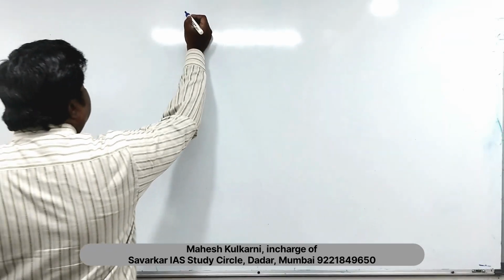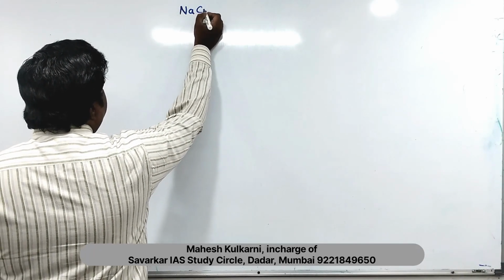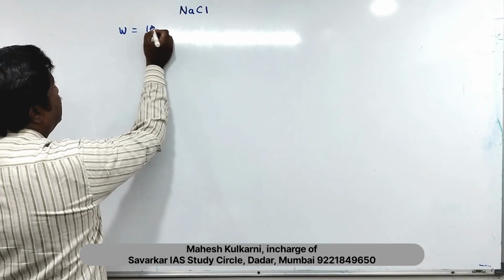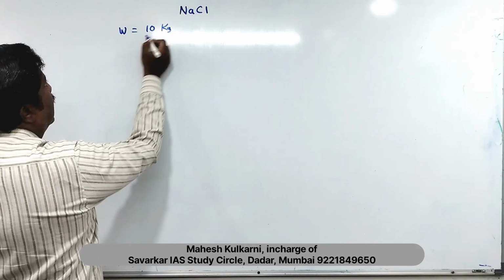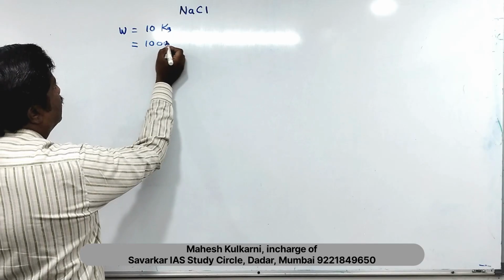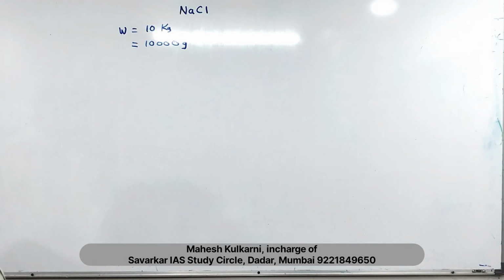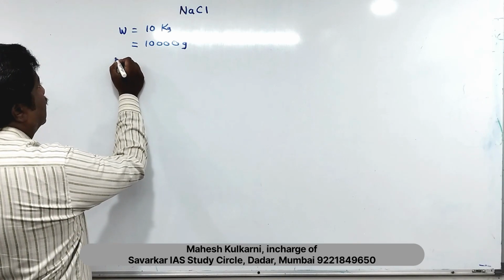First, we have to find out number of molecules in 10 kilogram sodium chloride. So you are aware of the formula, that is NaCl. So W is given as 10 kg, but you are aware that for 10 you have to put 3 zeros, gram. So 10,000 gram.